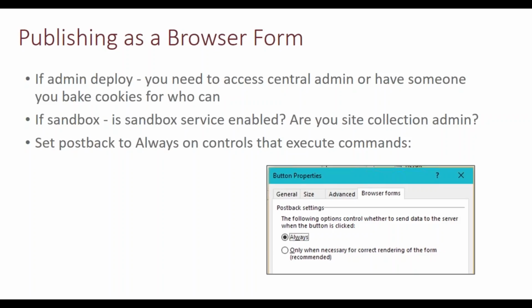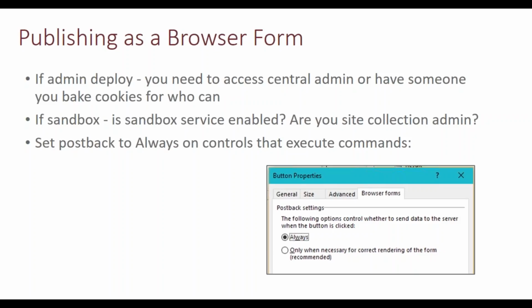So the first thing I would suggest is that you take a new blank form, inject qRules in it, and try to publish it to a test library on the same site collection that you want to publish whatever your production form is. Just make sure that you're not going to have any problems publishing a form with code.